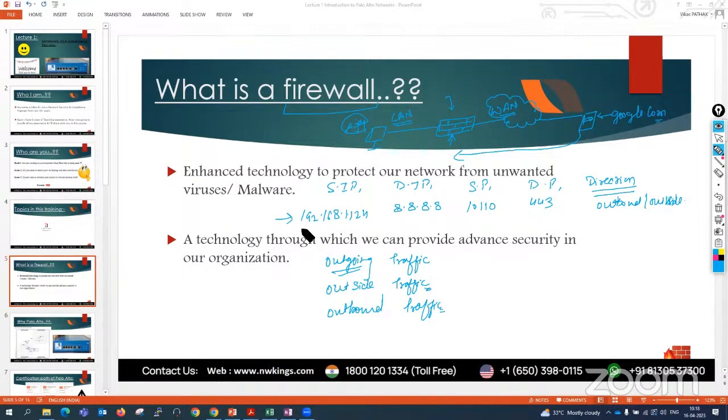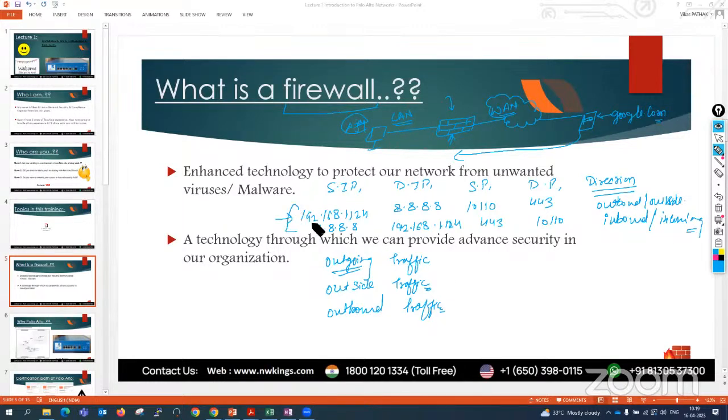So we used to create one more rule over here. The source will be 8.8.8.8. Destination will be 192.168.1.124. Source port will be 443, destination will be 10110, and it will be inbound this time, or incoming traffic, whatever you want to name it.